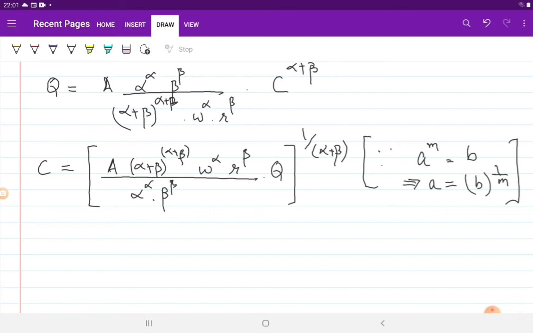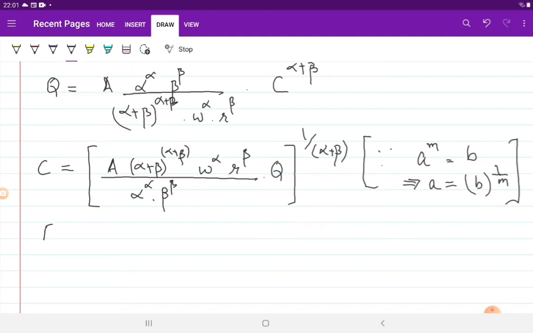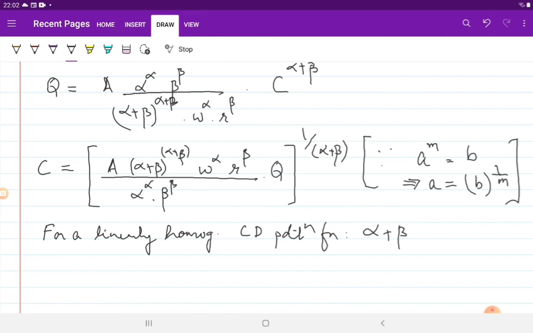Now I will add one more qualification to this derivation. That is, for a linearly homogeneous Cobb-Douglas production function, since degree of homogeneity is alpha plus beta, it will be equal to 1.